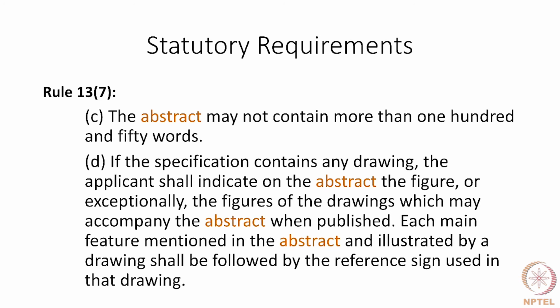Each main feature mentioned in the abstract and illustrated by the drawing shall be followed by a reference sign used in that drawing. So drawings would normally have references. The abstract should also indicate the references from the drawing.